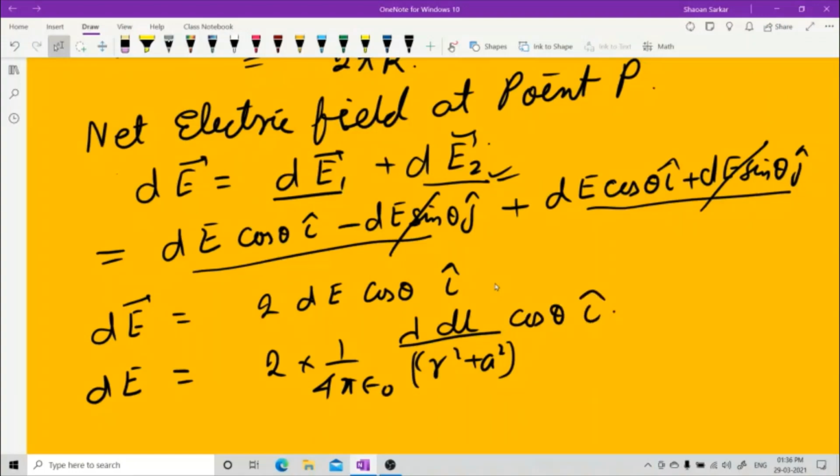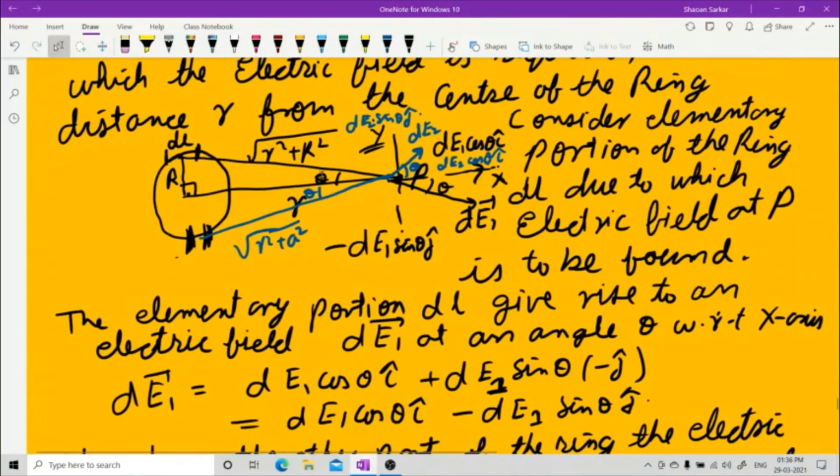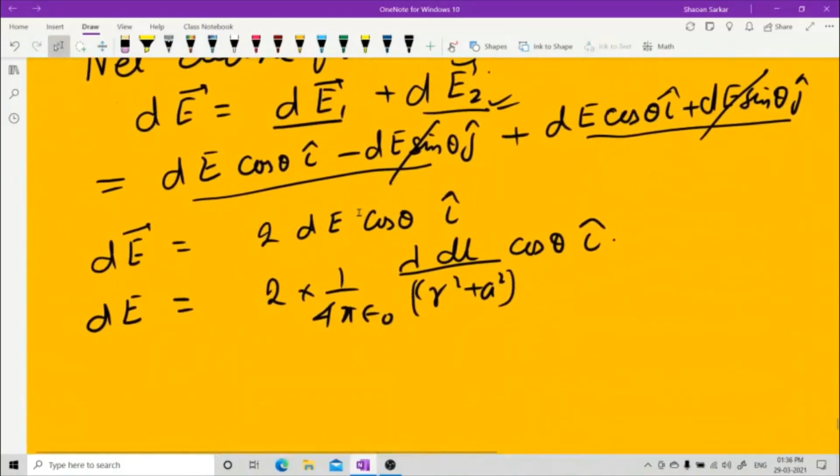Now this cos theta is very simple. If you see this figure, cos theta is this part, nothing but base upon hypotenuse.